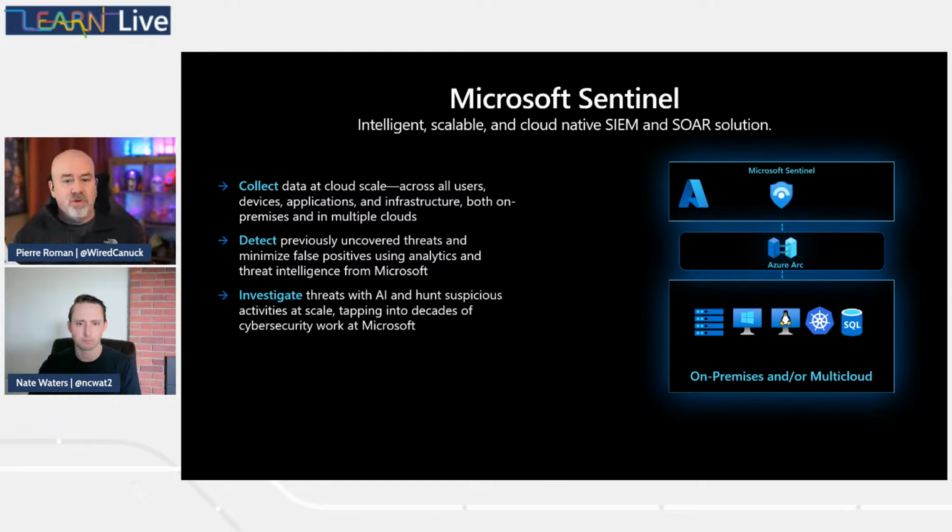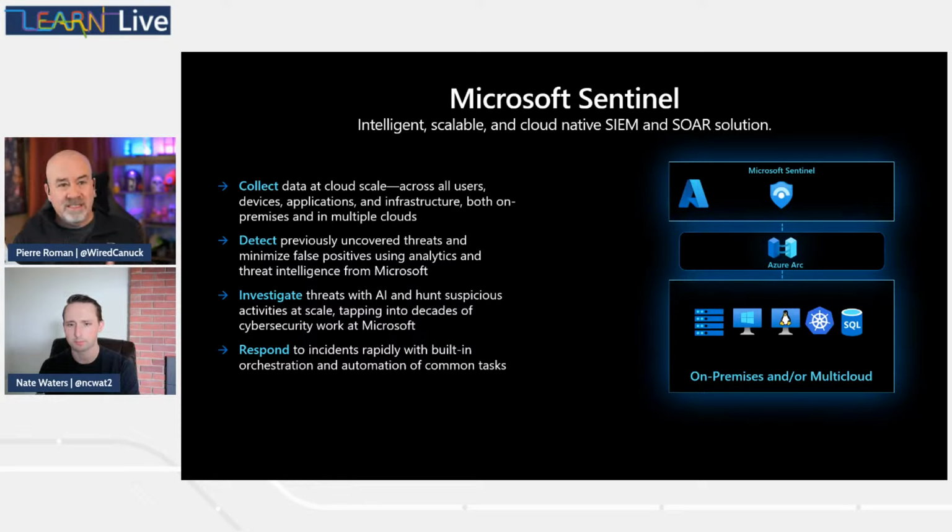Basically, it's a security information and event management tool. It uses AI to analyze the security of your environment based on the data that it's collected across all of your machines. So if you're collecting data at scale, meaning from all of your VMs, from all of your services, from all of your environments, the more you feed it, the more precisely it can give you insight into your environment.